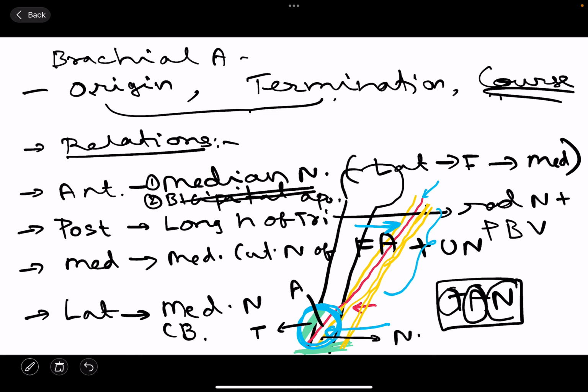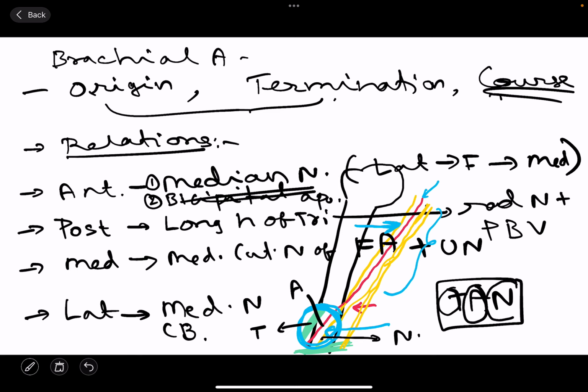Just take a look at this nerve here. Okay, so remove the arteries. Let's have only the muscles and the nerves, so that it'll be easy for us to relate it to all the muscles. We add all the muscles once.